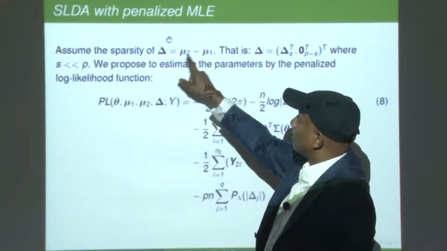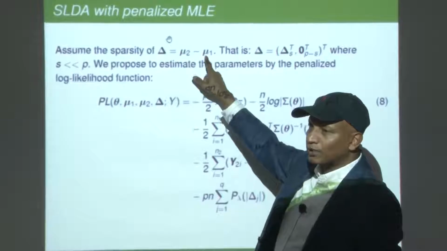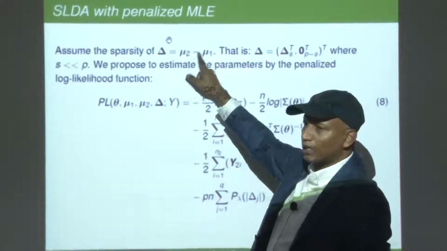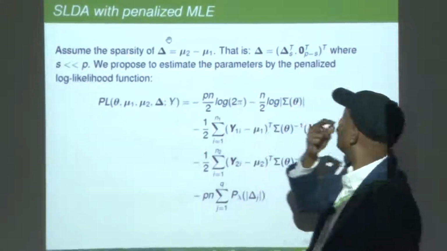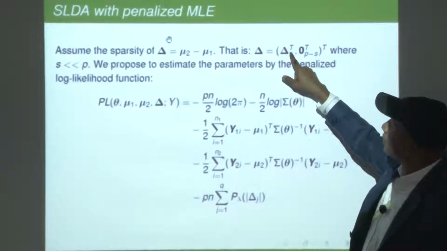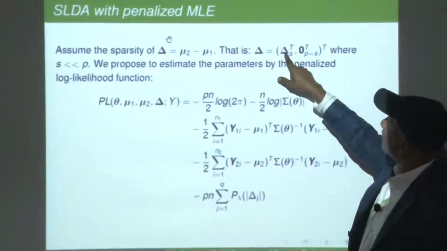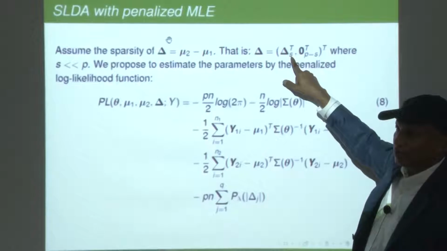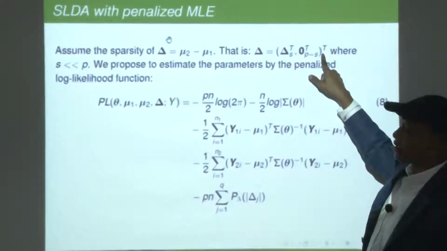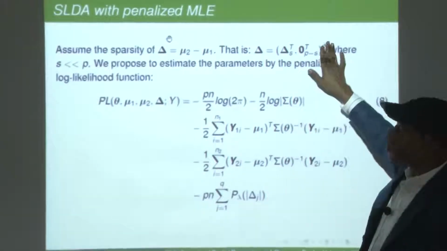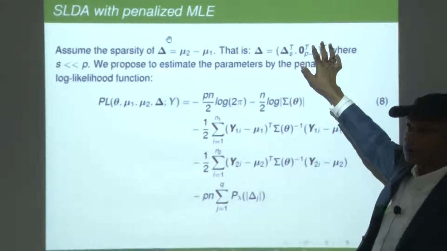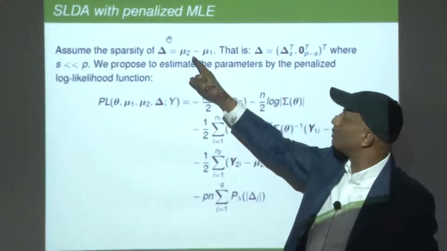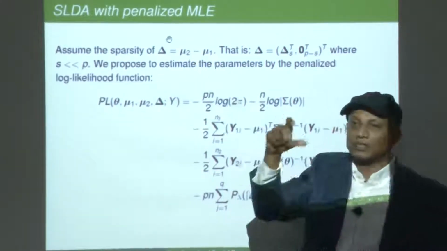This is the difference vector, which is of 20,000 dimension, group 1 minus group 2, Alzheimer versus non-Alzheimer. But what we think is that differences exist only in S. For P minus S, there is no difference. In fact, all of them would be 0. So I don't need to assume that the mean values are 0, but that the differences are 0.